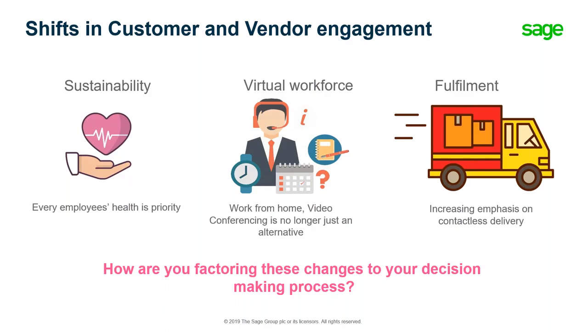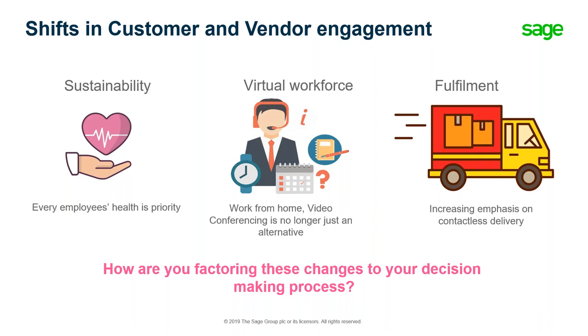And at the same time, on fulfillment, there's an increasing emphasis on contactless delivery. So the question is, will this actually increase or decrease delivery lead times to customers? And how do we factor this in our entire purchase, production plan and delivery plan as an organization, right?